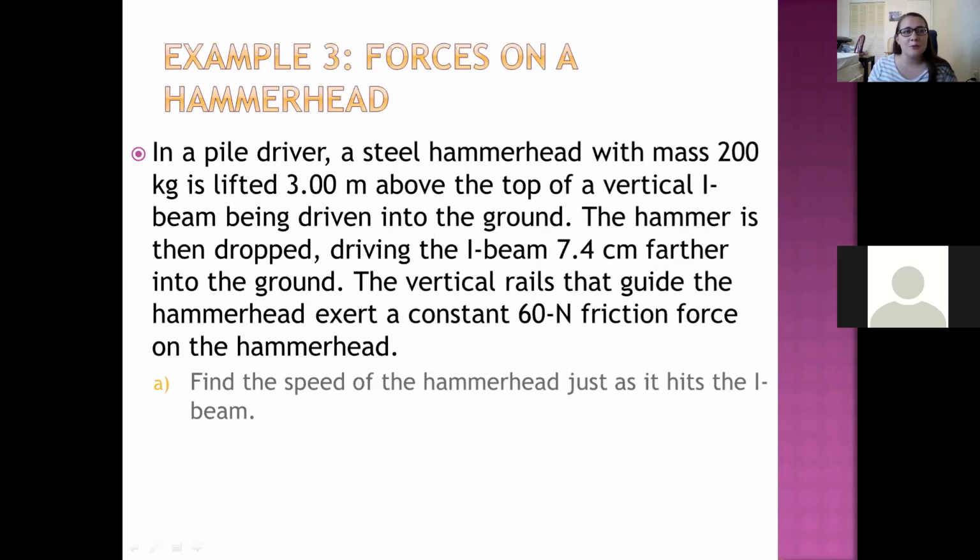No, it's not acceptable. It needs to be in meters, because remember, the units for work are newtons times meters, not newtons times centimeters, and that's what gives us that unit of joules. So we have to convert from 7.4 centimeters to meters. Unit conversions, chapter 1, gross.